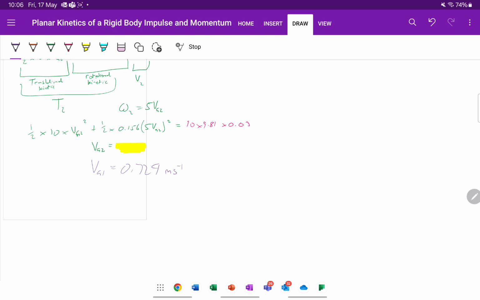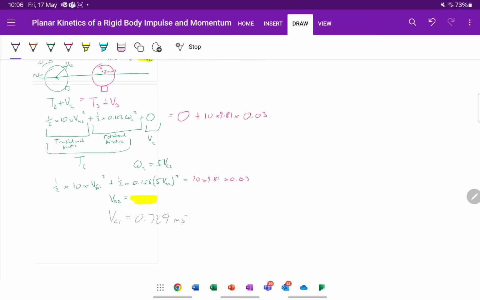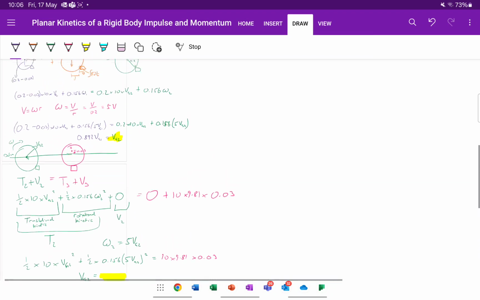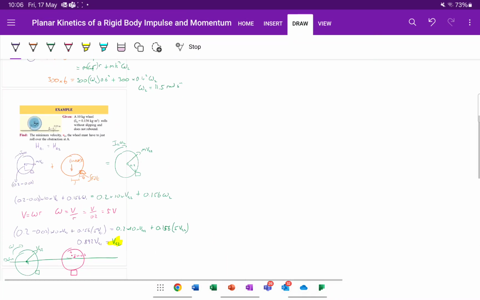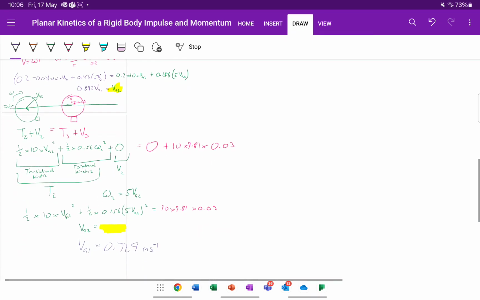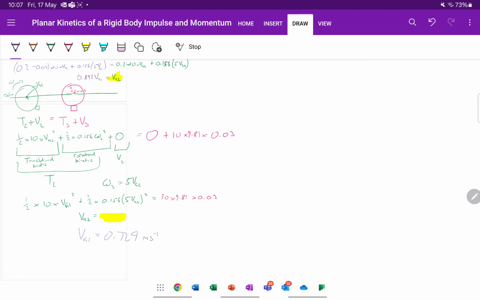So if the wheel rolls with a velocity of 0.729 meters per second, it will hit the step at A, roll onto it, and come to rest. That's what that's showing. And I just need to go away and work out that one number to go in the yellow highlight for completeness for your notes.